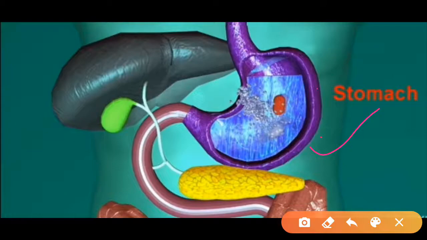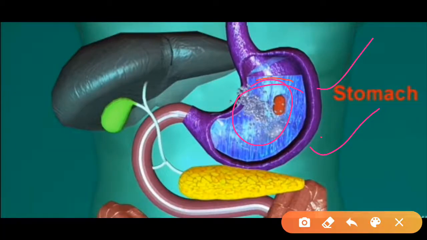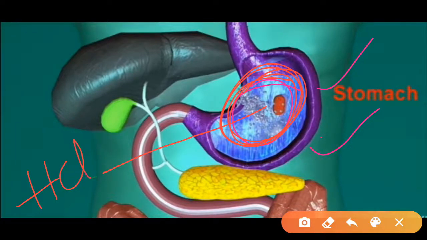In the stomach some acid is released, that is HCl, hydrochloric acid. It helps the digestion of food. So HCl reacting with food is also a chemical change.